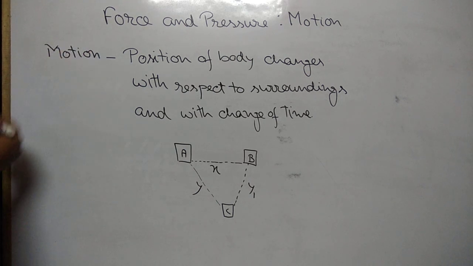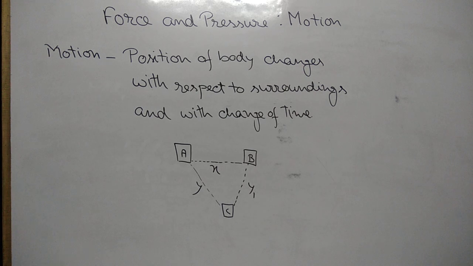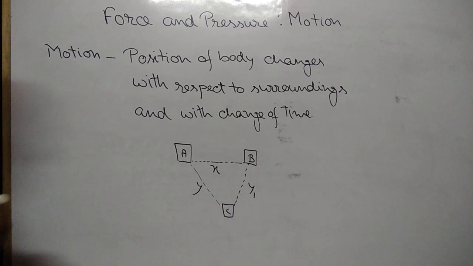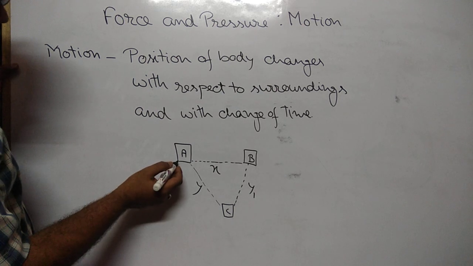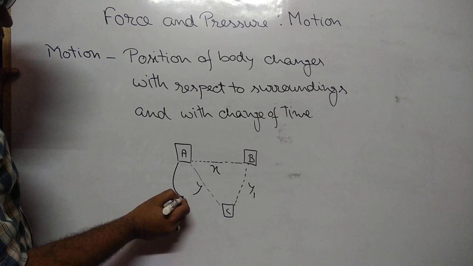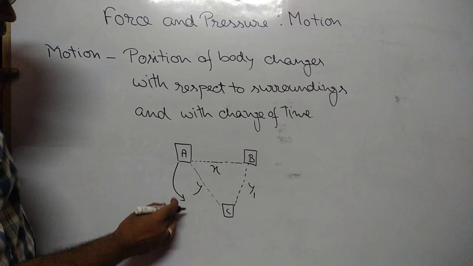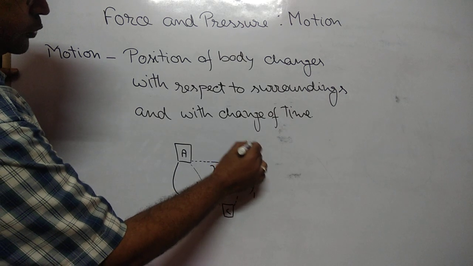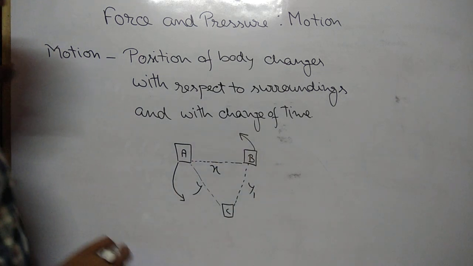Now the definition changes, the concept changes. Position of a body changing with respect to surrounding and with change of time is known as motion. By observing the same example, suppose body A moves in the downward direction and body B moves in some upward direction.